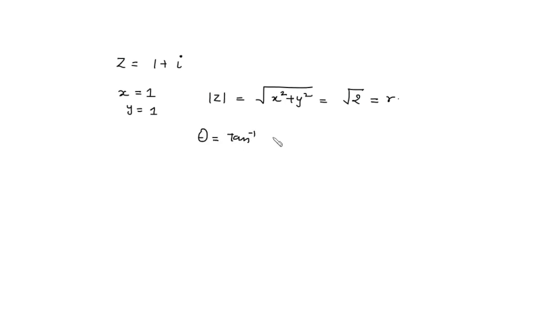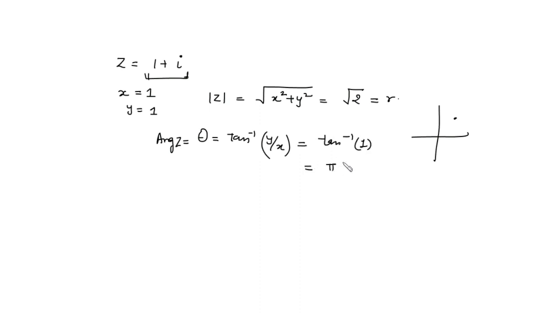It is the principal argument, tan inverse y upon x. Since both are positive, the complex number lies in the first quadrant, so we write the principal argument as it is, tan inverse y upon x. So tan inverse 1 is π by 4.